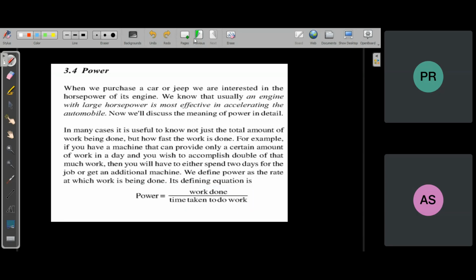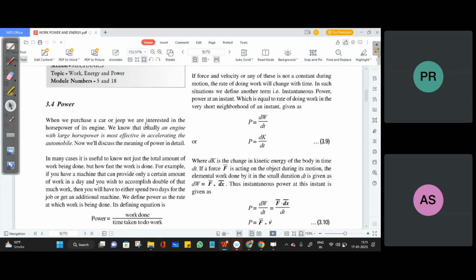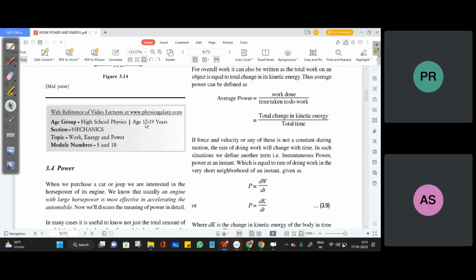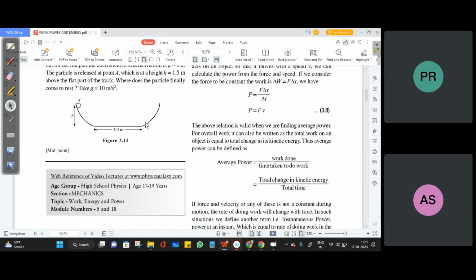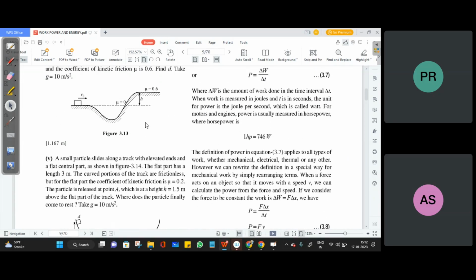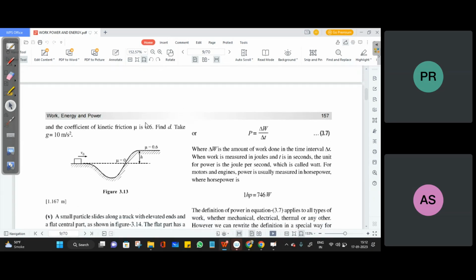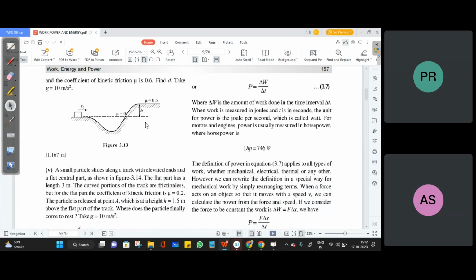But you also know that the rate at which work is done may be changing, right? Maybe the work is done very fast and then work is done slowly. See, two persons do the same amount of work in 1 hour. Does it mean that at every instant the rate of doing work was the same?